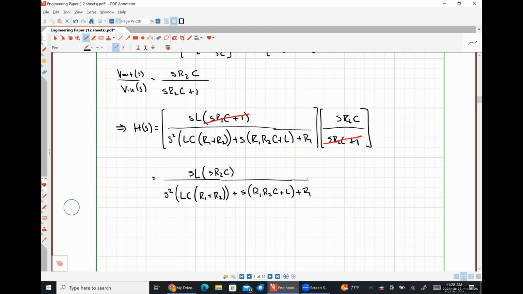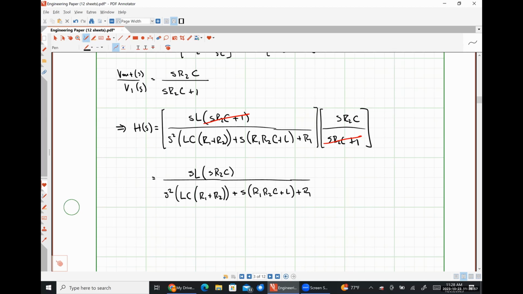We could, if we were so inclined, yes. So if we were trying to take the inverse Laplace transform of this thing, this isn't really the form that we would want it to be, right? So we can make a couple of quick fixes here just to pretty this thing up to some extent.